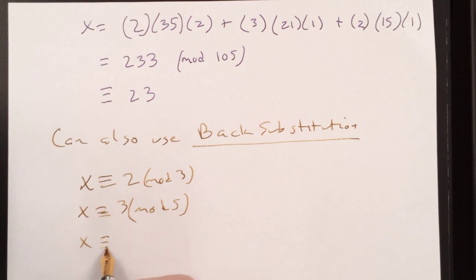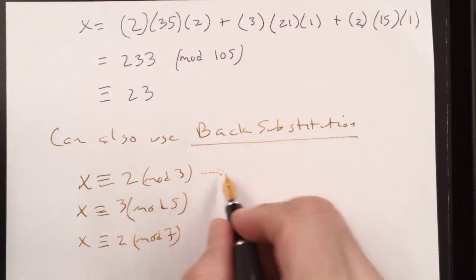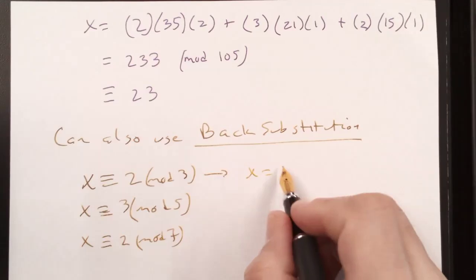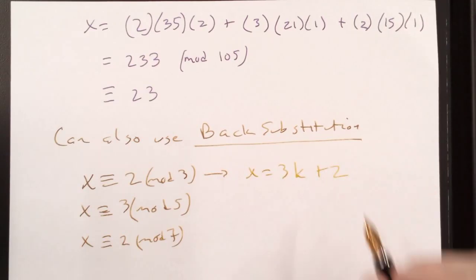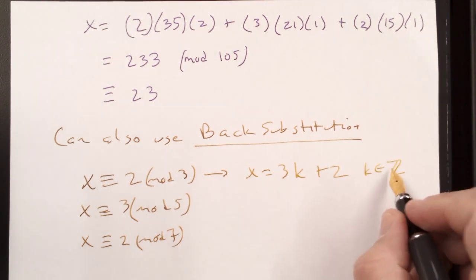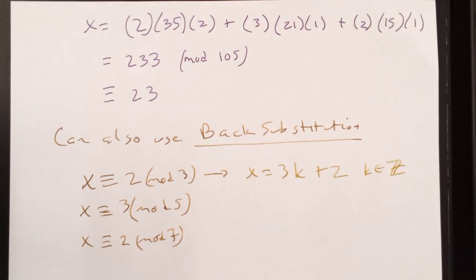Congruence to 2 mod 7. All right, let me start at the top. If x is congruent to 2 mod 3, anything that's congruent to 2 mod 3 means that I can write it as 3 somethings with 2 left over, x = 3k + 2. And all I know about k is an integer.